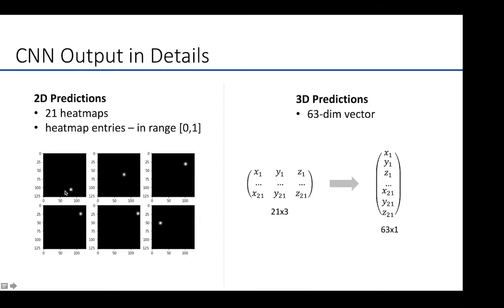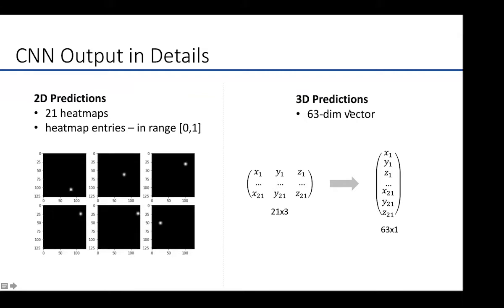Each heat map is the same size as the image, and each point shows the probability of whether a key point is present or not. There are 21 heat maps because I have 21 key points, one heat map per key point. So the 2D predictions are in the form of 21 heat maps.